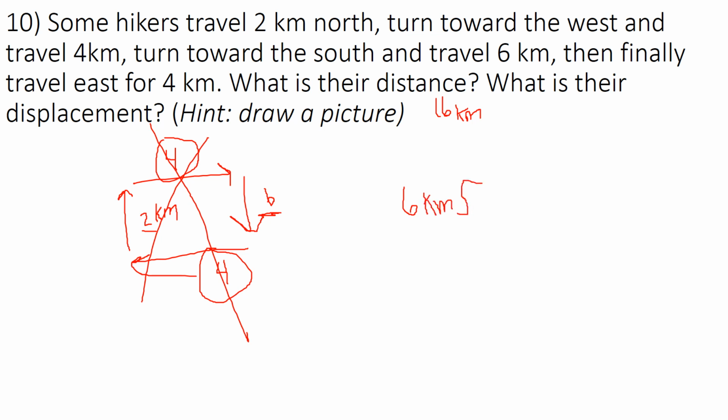So 6 kilometers to the south, I promise you that's an S and not a 5, minus 2 kilometers, and those are to the north. Your displacement is actually going to be 4 kilometers, and those are to the south.